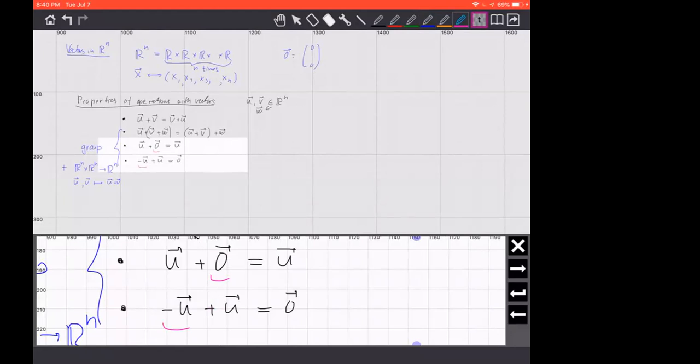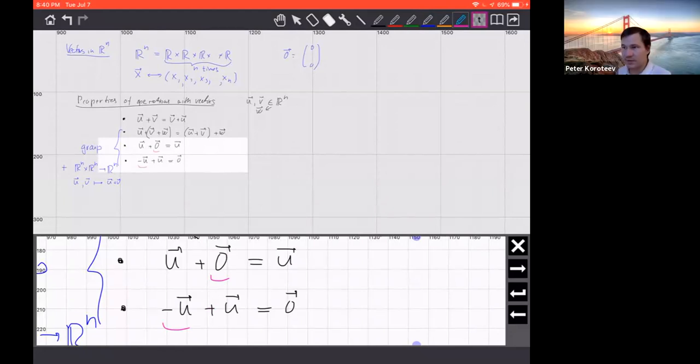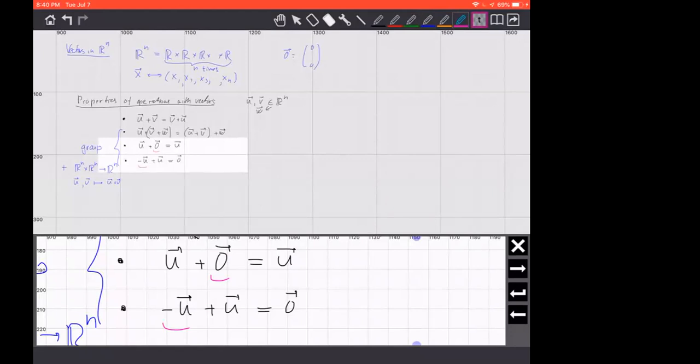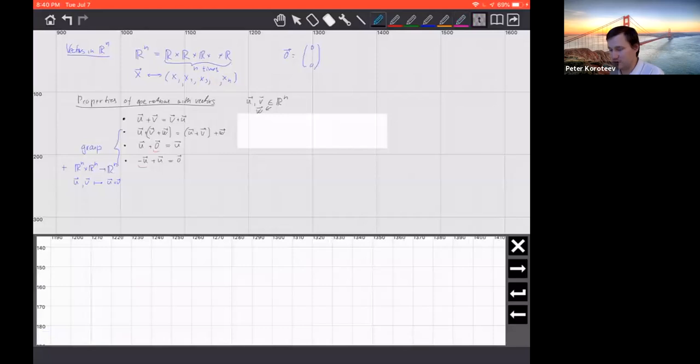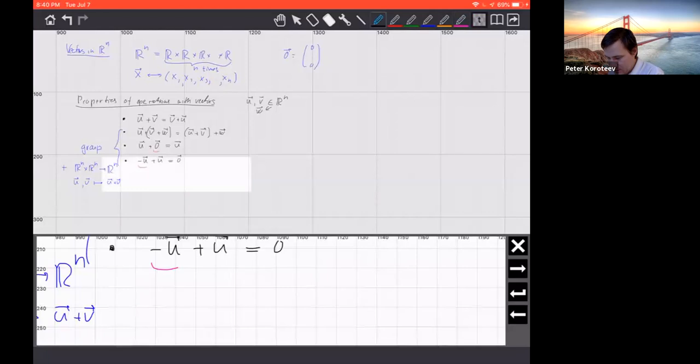So yes, algebraically, we say that vectors form a group under addition. And yes, groups appear in many places. Okay, but we can continue the list.